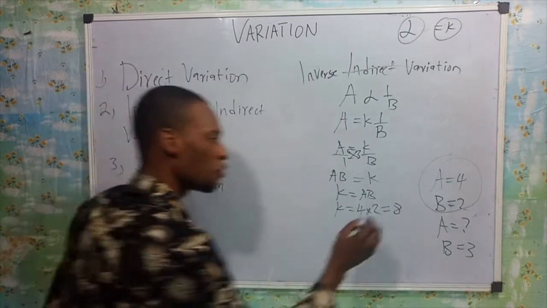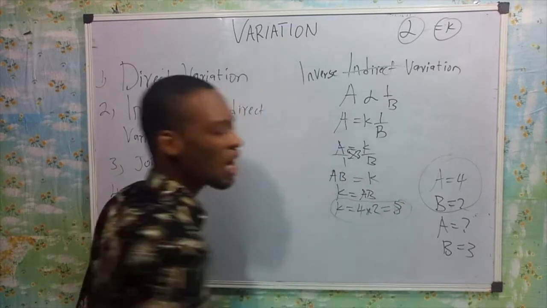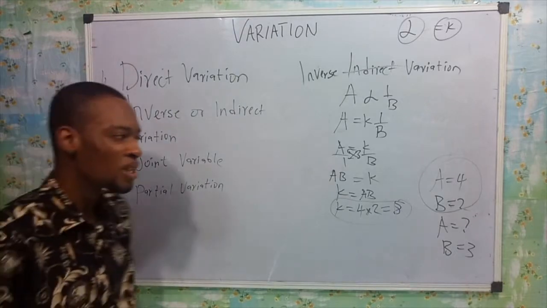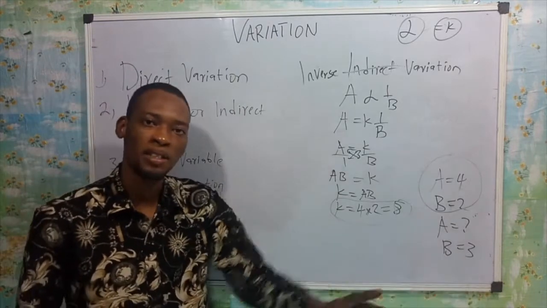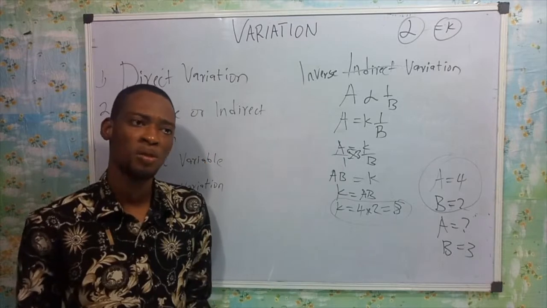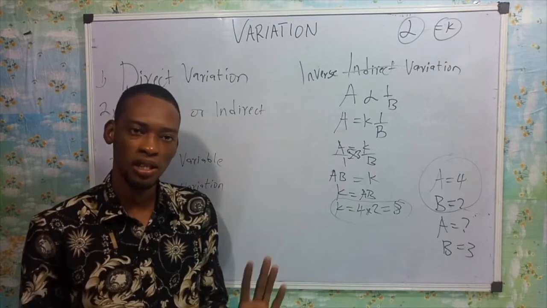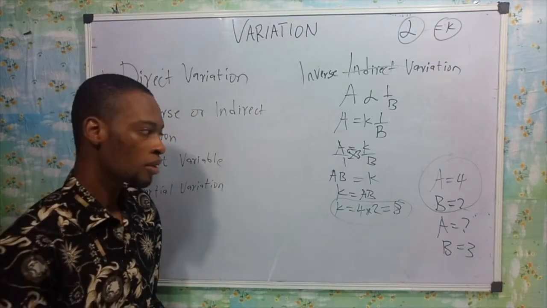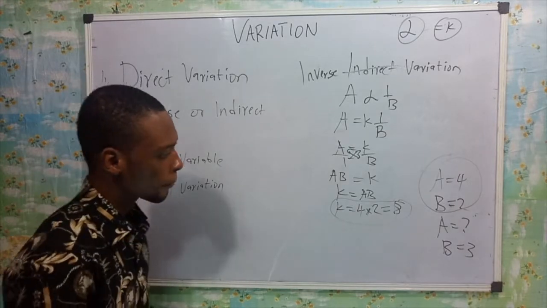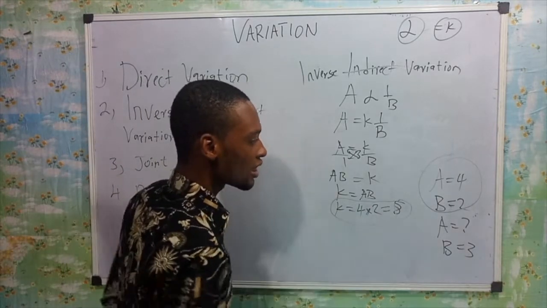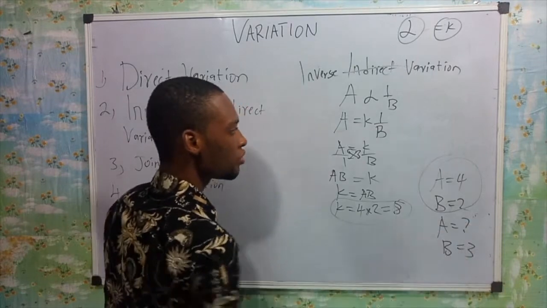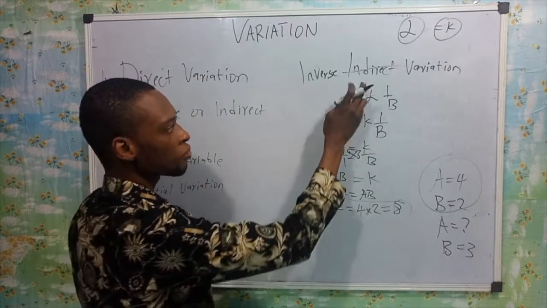So we found the constant. And when you get the constant, the value remains the same even while you are solving for the other part. So this is the beauty of derivation. So you don't need to look for any other constant again. It's there. Alright. Now, so we've already gotten K. So find A when B is 3. So I'll just go back here.